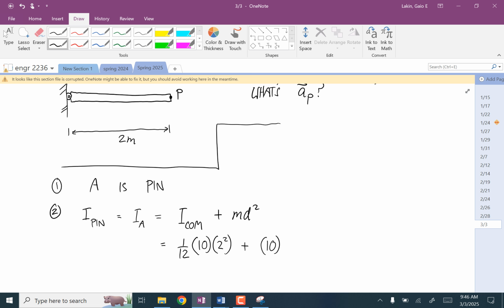So what's that distance? 1 meter. 1 meter, yep. And so this comes out to be 10 plus, so 4, what's that? So 1/3, so that's 3.33 plus 10, so this is 13.3 repeating.